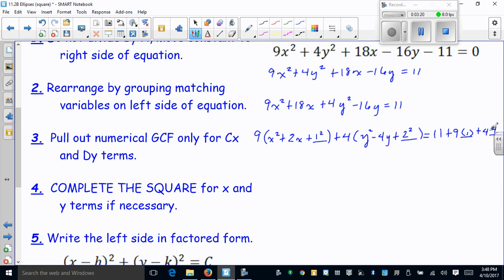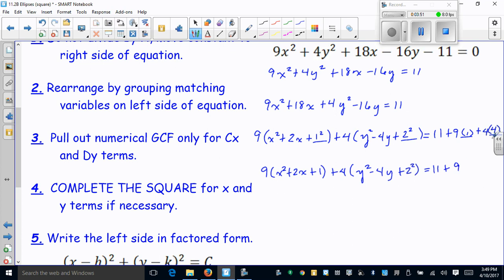So I have 9 times x squared plus 2x plus 1 squared plus 4 times y squared minus 4y plus 2 squared, I'm going to leave them, equals 11 plus 9 times 1 is 9 plus 4 times 4 is 16.